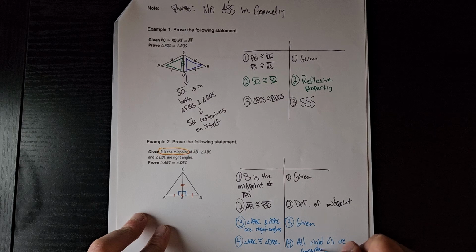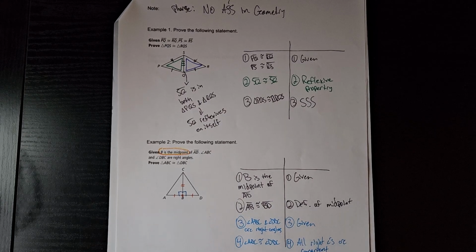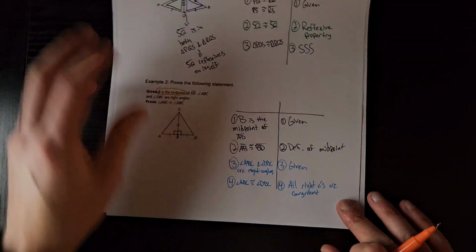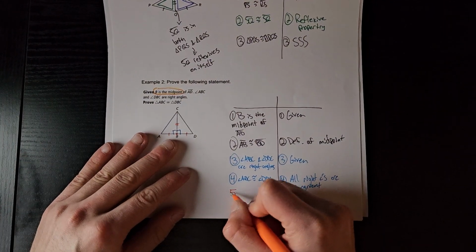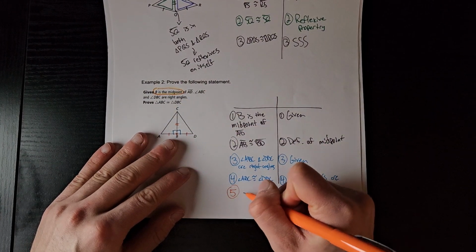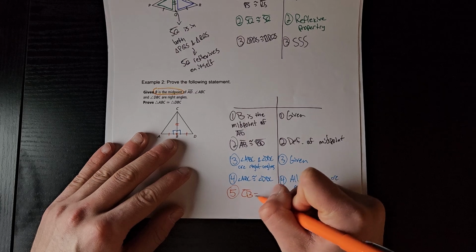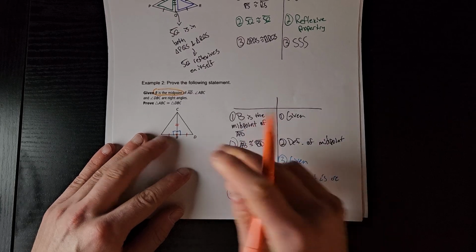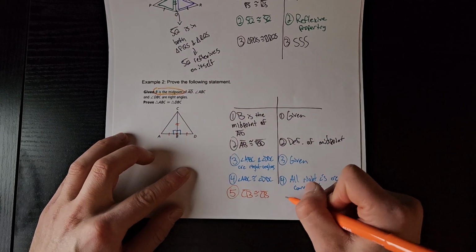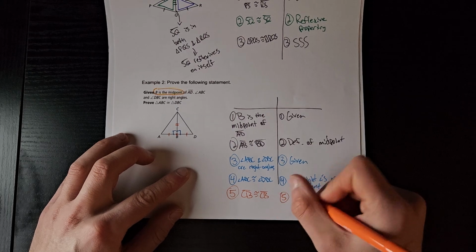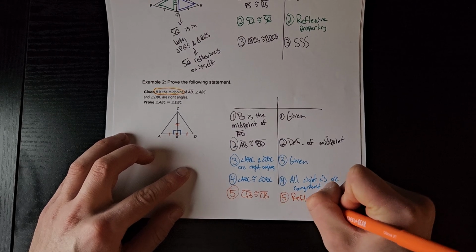To finish off the proof, I bring back down the reflexive property, with CB being congruent to itself, because it shows up in both triangles. So this is the reflexive property.